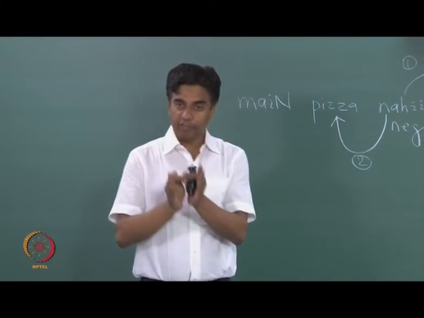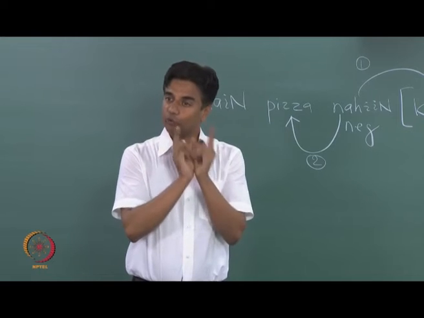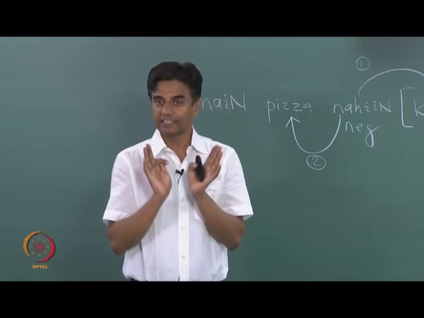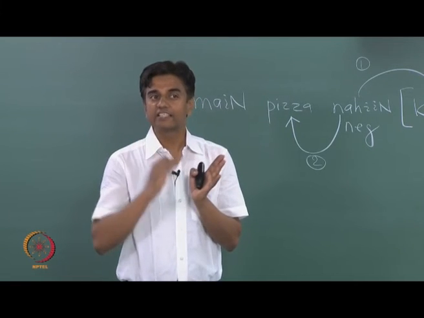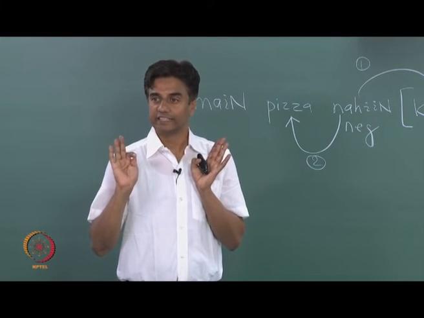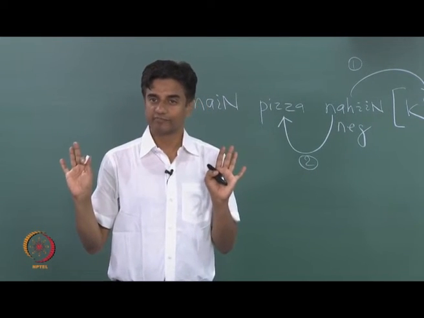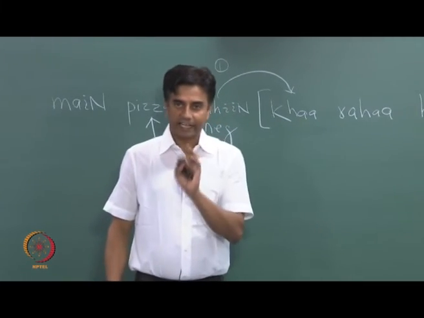Negation is a functional category. It belongs to the functional layer only when we are talking about sentential negation. That is the syntactic aspect of negation, when it negates the entire verb. Therefore, it negates the entire sentence. Clear?